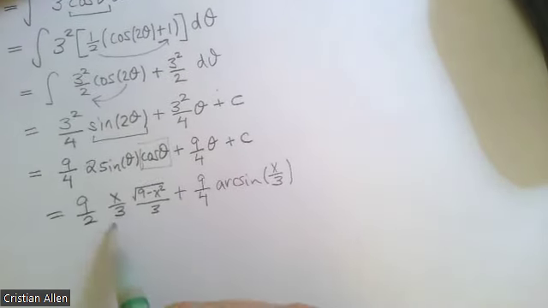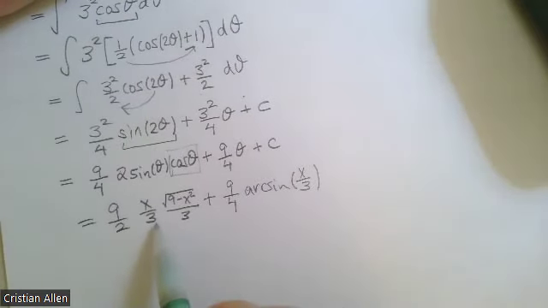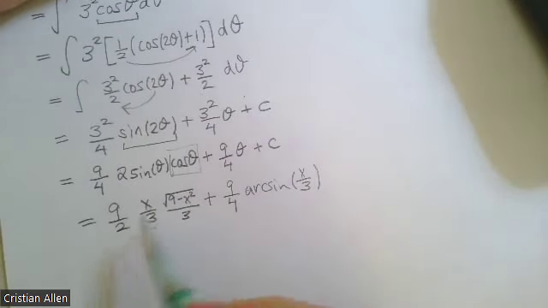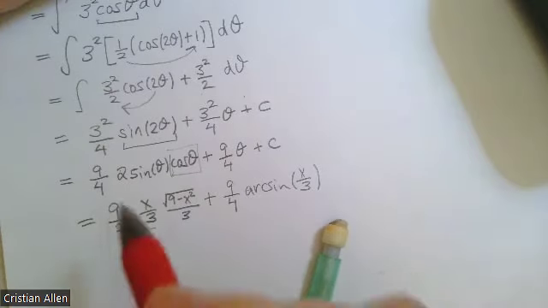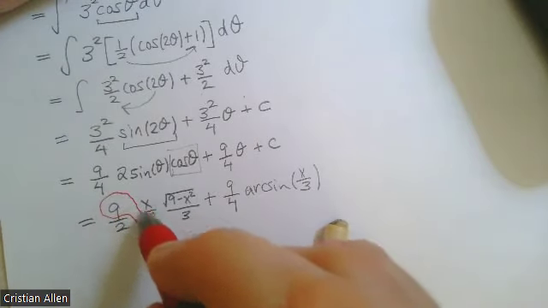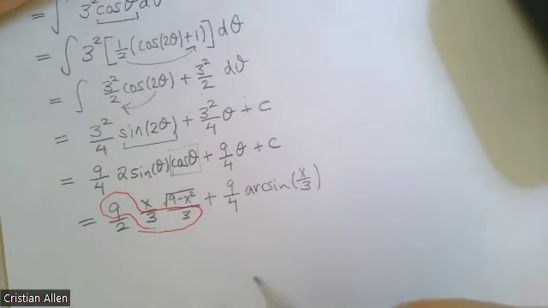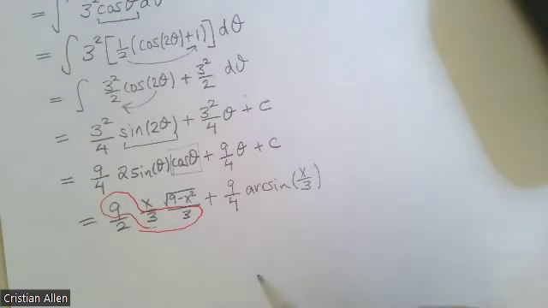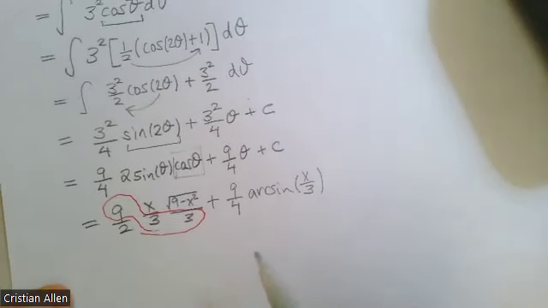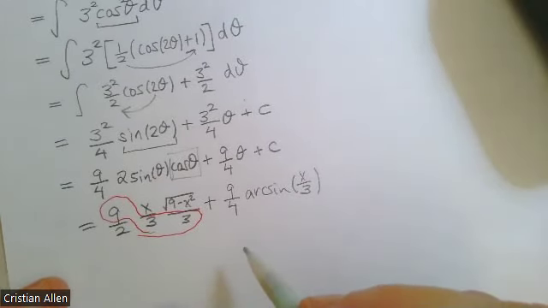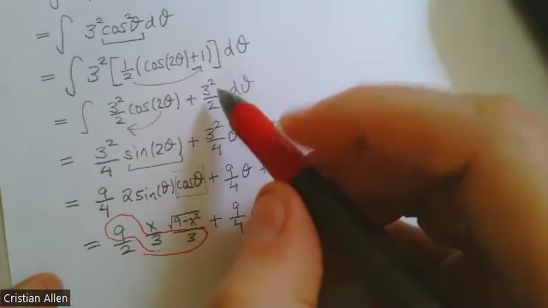Okay, let's see what we have over here. Actually, this 9 with the 2 3s cancels there. And it looks like we're home free here. The only thing I would say is that I made a little bit of a boo-boo, it looks like.